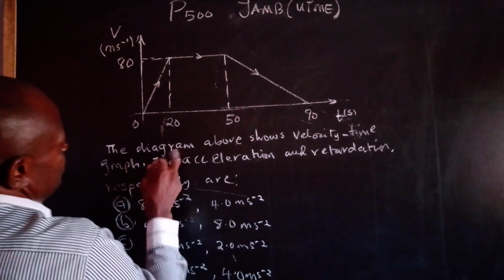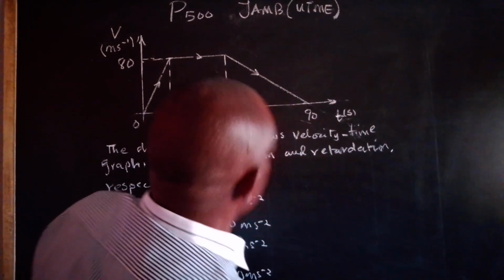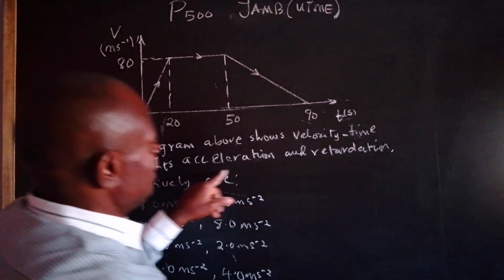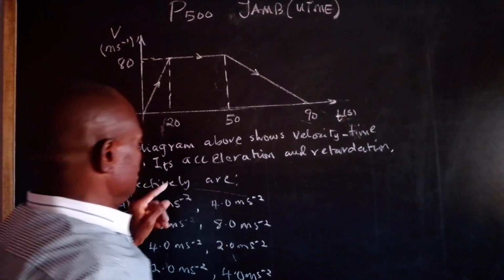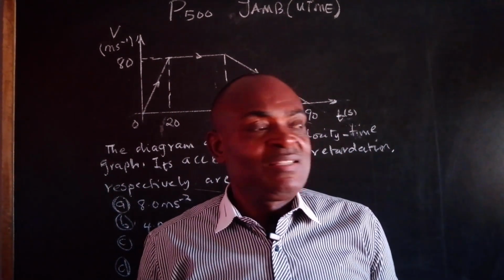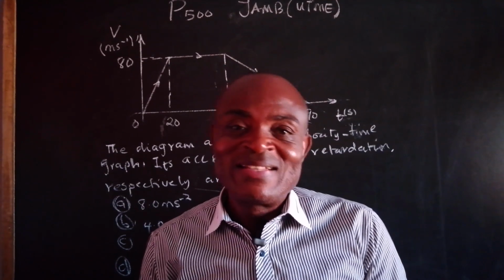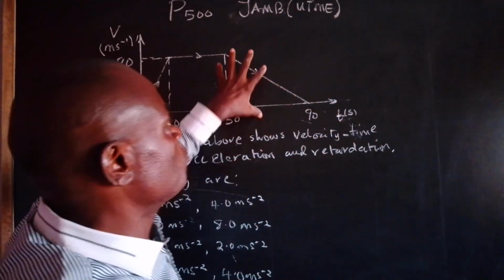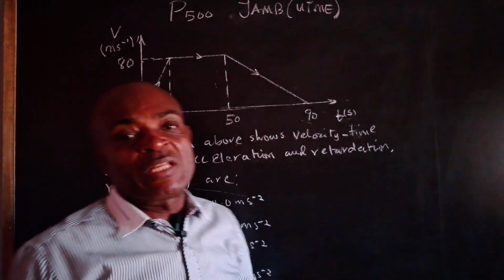The question says, the diagram above shows a velocity time graph. Its acceleration and retardation respectively are, so they want us to determine the acceleration and the deceleration, looking at the graph of the motion above.